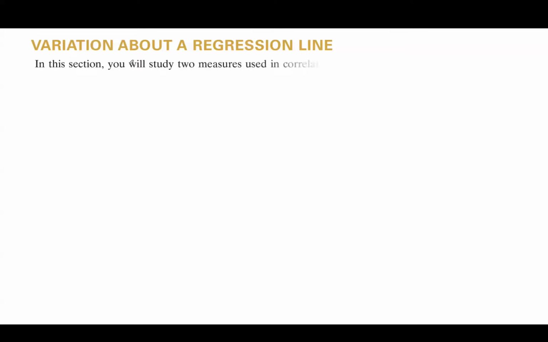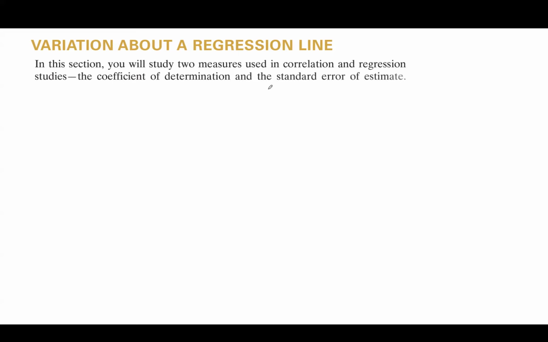So we calculated our regression line. What about variation? How do we explain variation about a regression line? This is another important piece of information that we need in statistics and data science. We're going to study two measures used in correlation and regression studies: the coefficient of determination and the standard error of estimate.